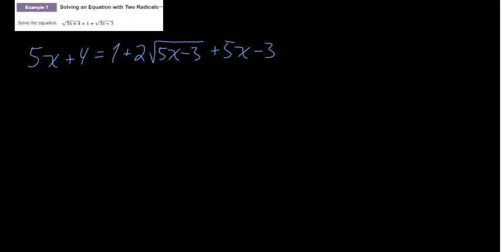Alrighty, well this is interesting. Okay, so we need to isolate this radical. If I subtract 5x on both sides, they're going to cancel. 1 and a negative 3 gives me negative 2, so I'm going to add 2 to both sides. So I'm going to have 6 is equal to 2 times the square root of 5x minus 3.